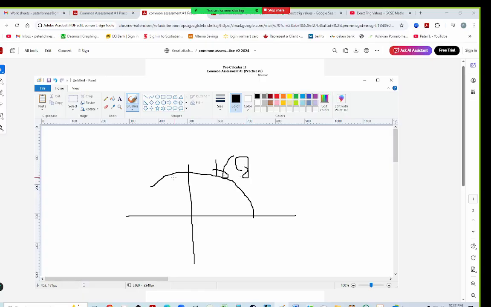Therefore, the reference angle is the one that's closest to the x-axis right here. That means it's always going to be 180 minus 168, which is 12. So the reference angle that we're thinking about is 12. This is the terminal angle, and we used to just call this the acute angle, but reference angle makes sense as well.